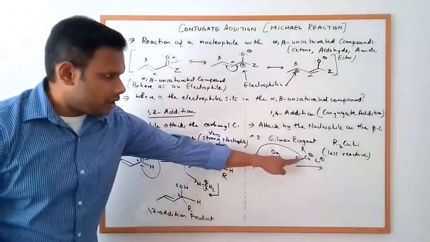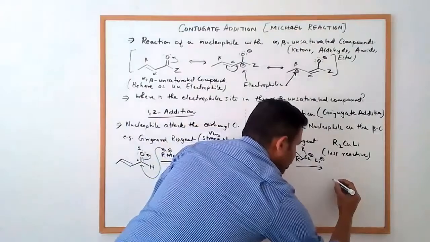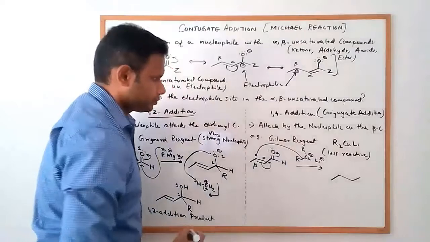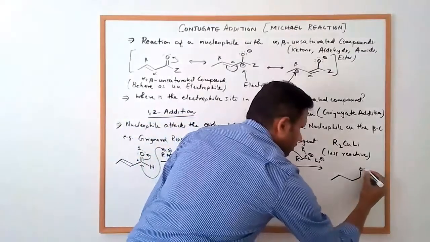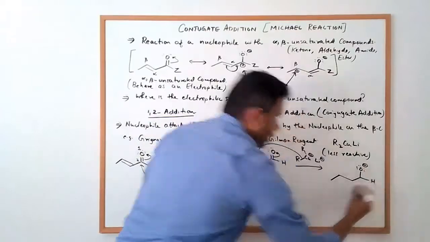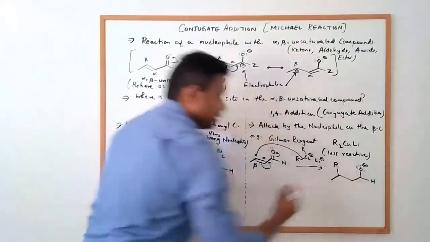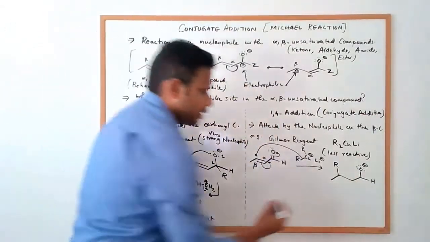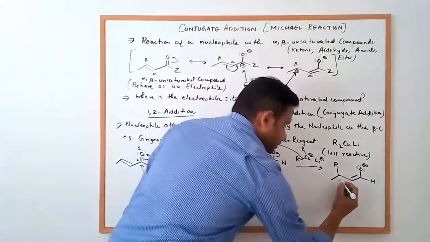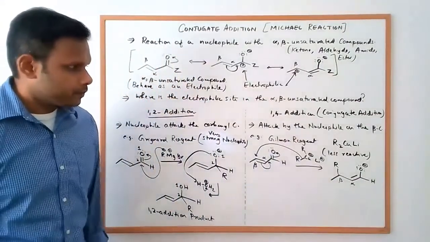So the intermediate we're going to get would be O minus, H, the R group added here, and we have a double bond there. This is the beta carbon, this is the alpha carbon.